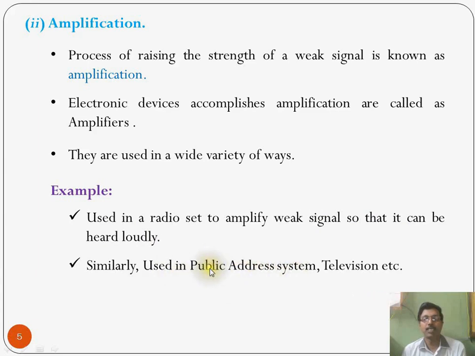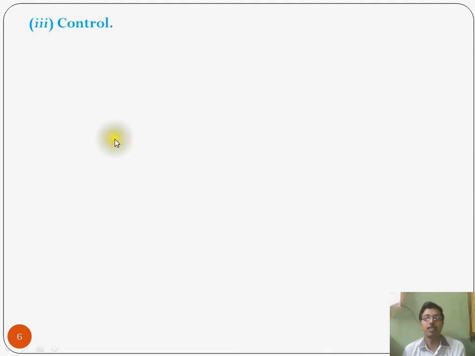We can see a big box in front, near the mic. The PA system receives the audio signal through a mic and amplifies that signal into a louder one. And the television set. If we increase the volume, that is how it is possible. How are we increasing the volume? It is possible with the help of amplifiers. These amplifiers are made up of electronic devices.